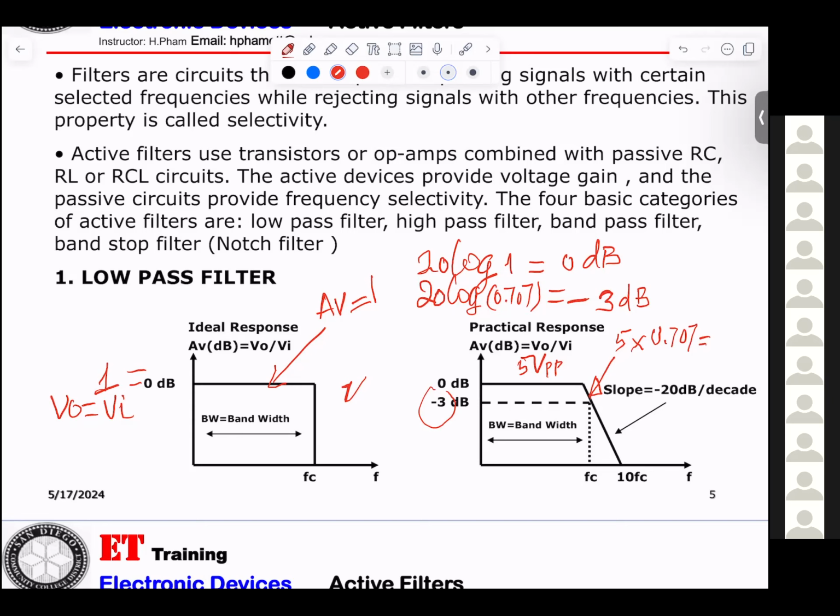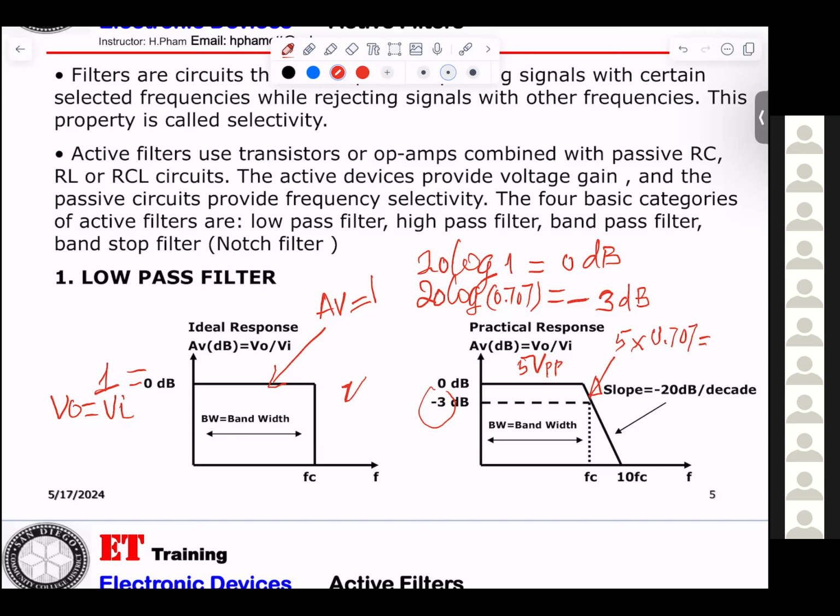That's why you can understand. At 0 dB, you're coming in at 5 volt and coming out at 5 volt. The gain is equal to 1. However, at the cutoff frequency, they say it's going down minus 3 dB.